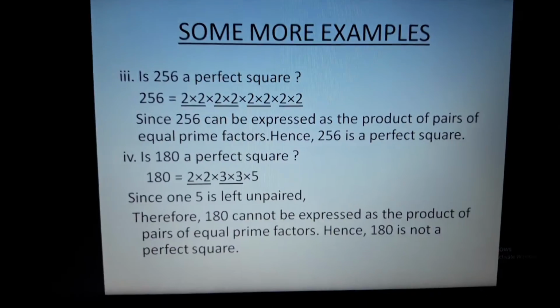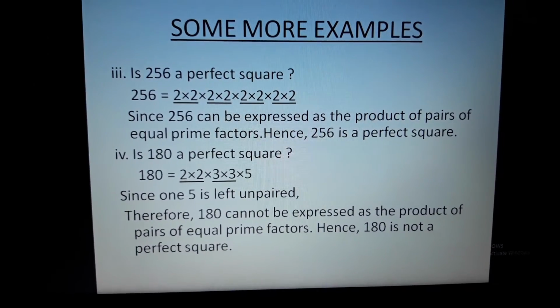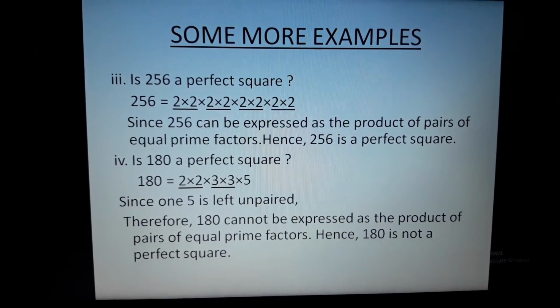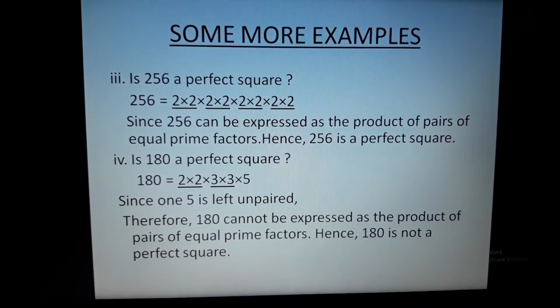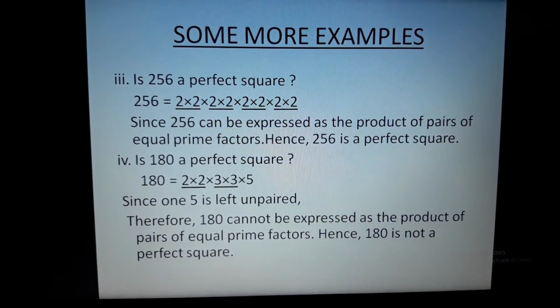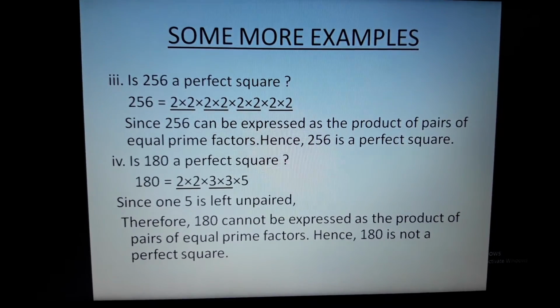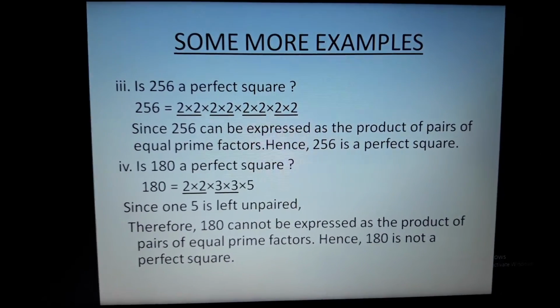Let us see some more examples. Now see in number 3, is 256 a perfect square? We can write 256 as 2 into 2 into 2 into 2 into 2 into 2 into 2 into 2. So 256 can be expressed as the product of pairs of equal prime factors. Hence 256 is a perfect square.